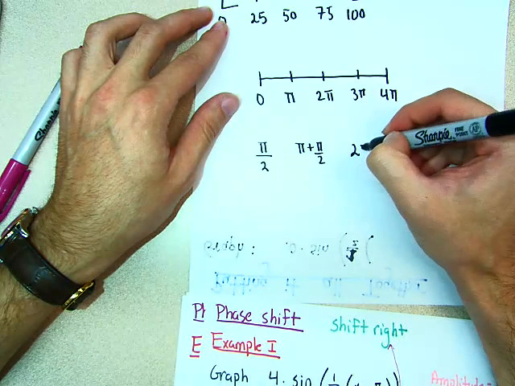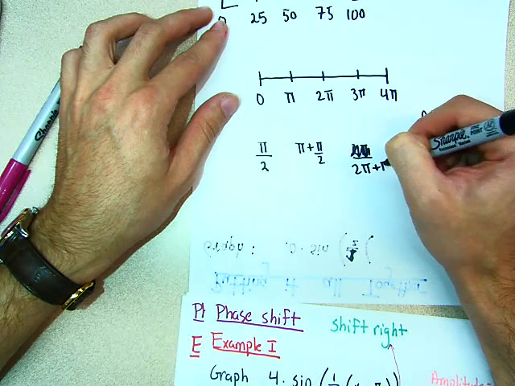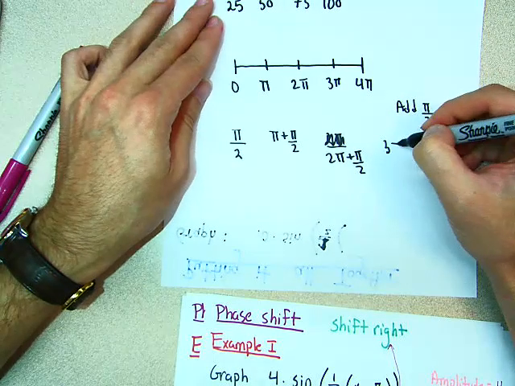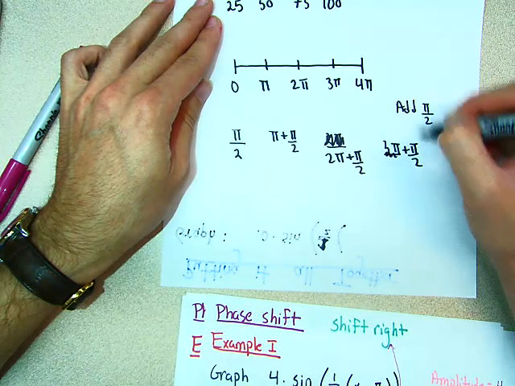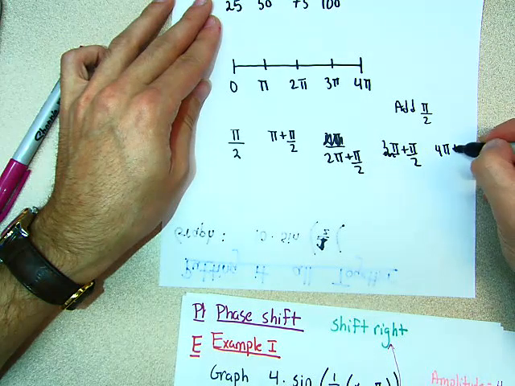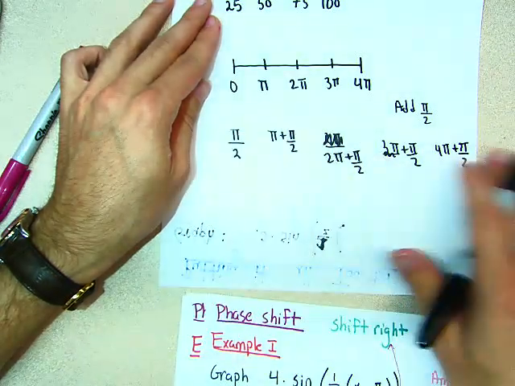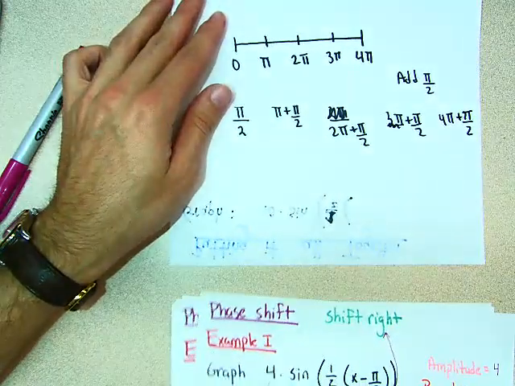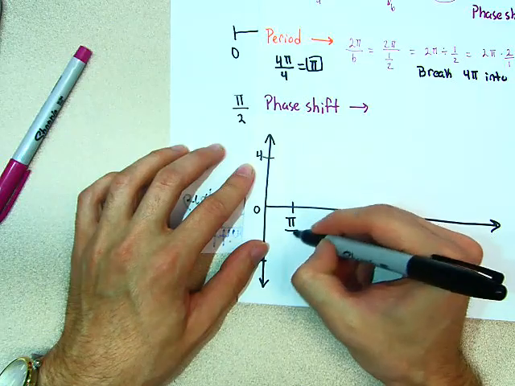This one is going to be 2 pi plus pi over 2. This one is going to be 3 pi plus pi over 2. And this is going to be 4 pi plus pi over 2. Okay? And now here, what will this become? Well, if this is 0, this is going to be pi over 2.